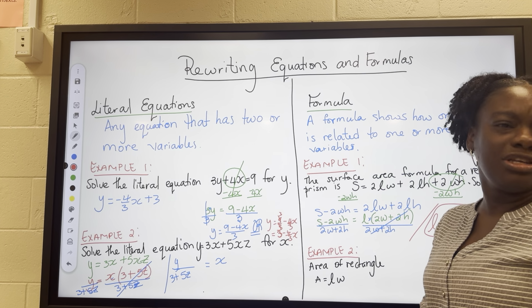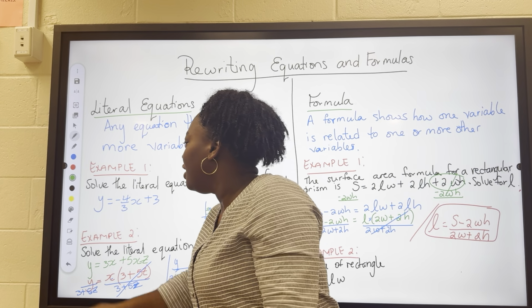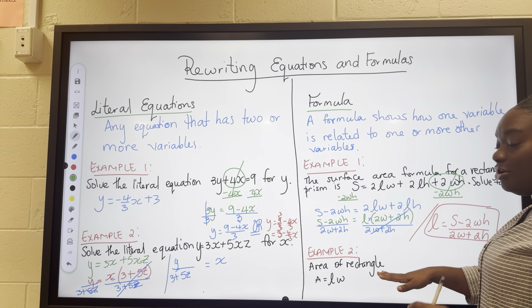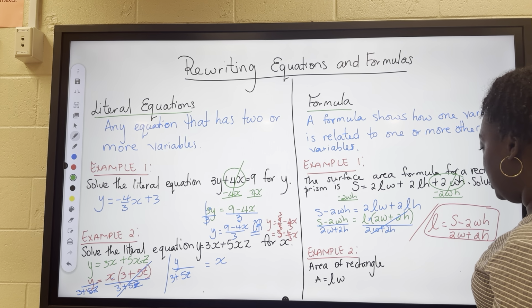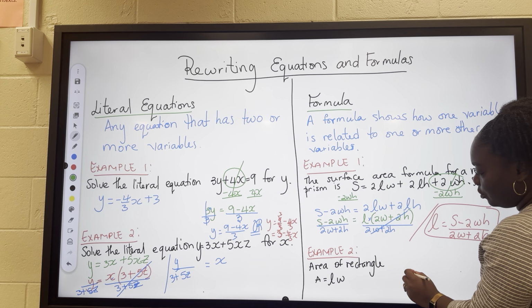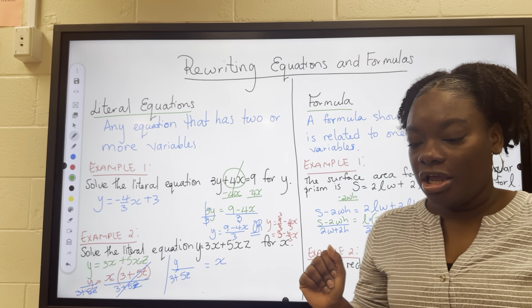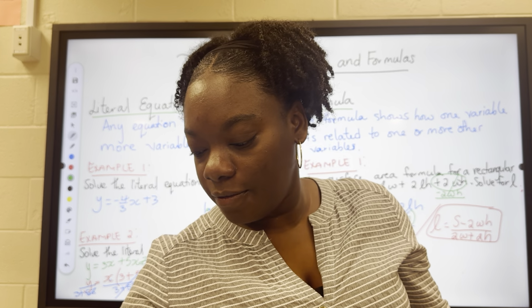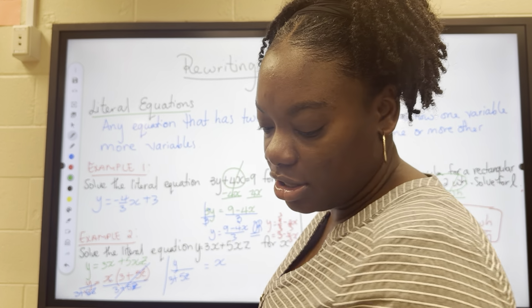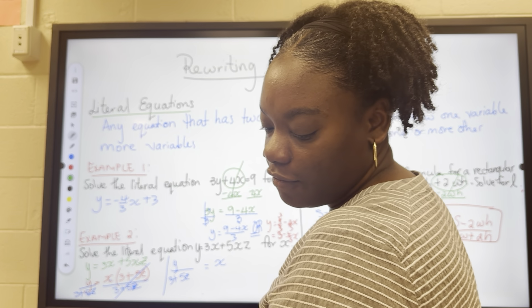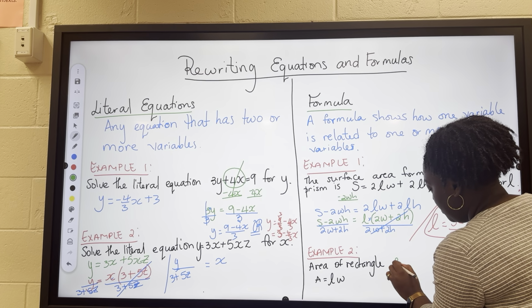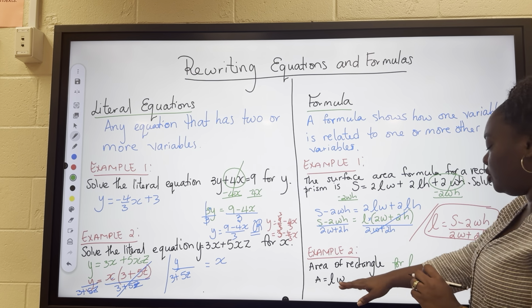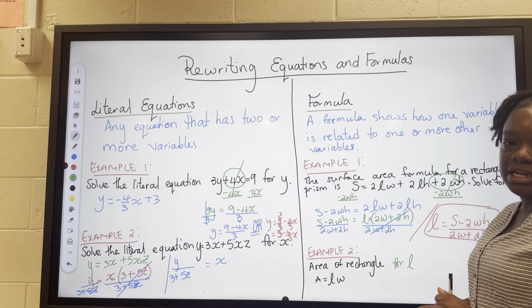Now let's go to this one. Pretty simple, so let's quickly go through this one. This one is the area formula, area of a rectangle. And it's asking us again to write that equation in terms of, let's see what it says here. You're writing it for L. So again, for L, what would I need to get rid of?